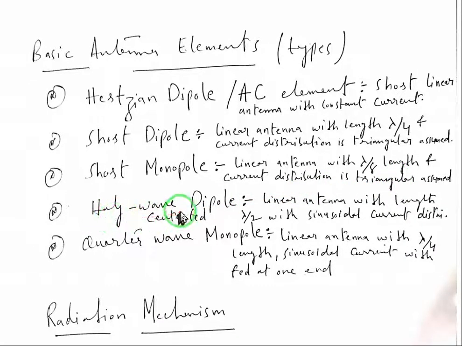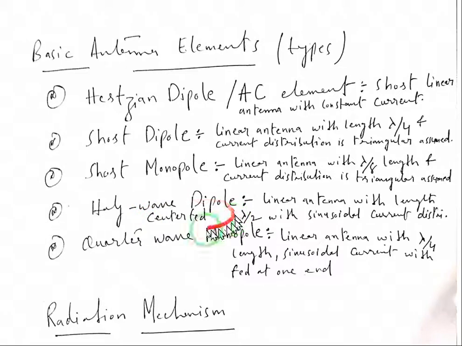The next is the half wave dipole. As the name suggests, the length of this is half wave, that is lambda by 2, and the current distribution is sinusoidal. This half wave dipole is assumed to have a sinusoidal current distribution across its length, and the length is half of the wavelength.